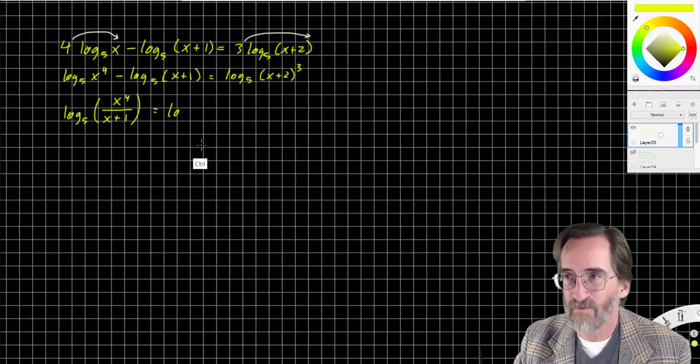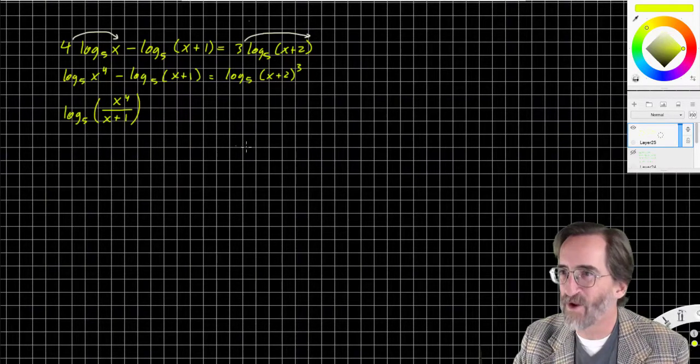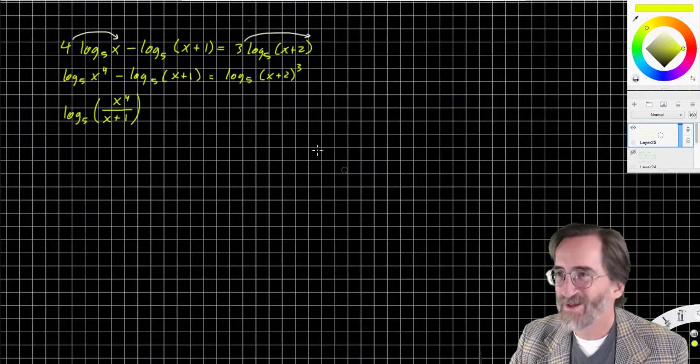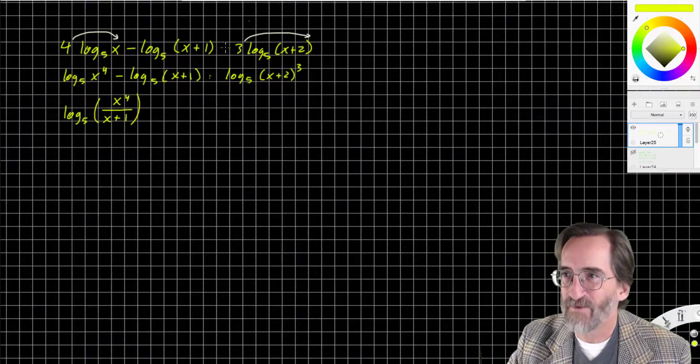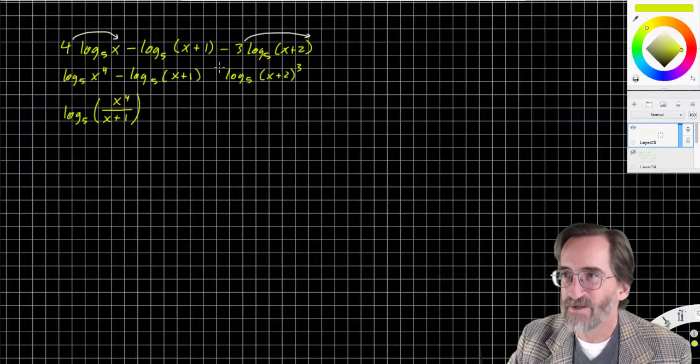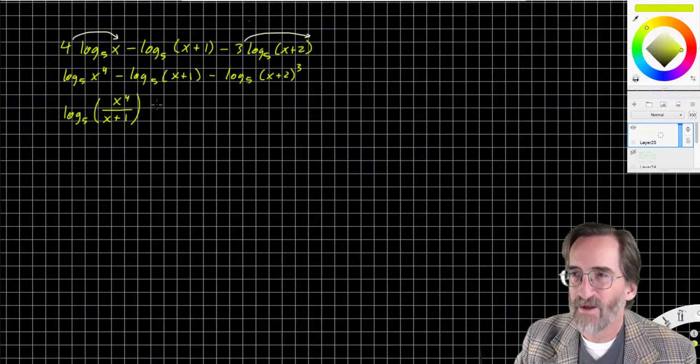I was like, wait a minute, I'm solving an equation. That's not what I meant to do. It was a miscopy. We're just simplifying. So minus log base 5 of x plus 2 to the 3rd.